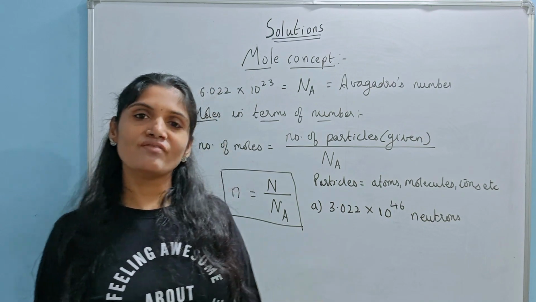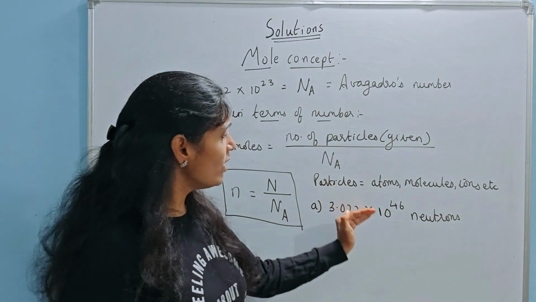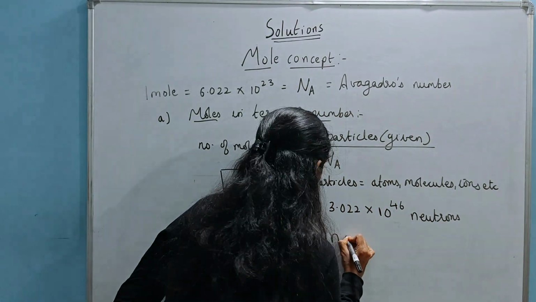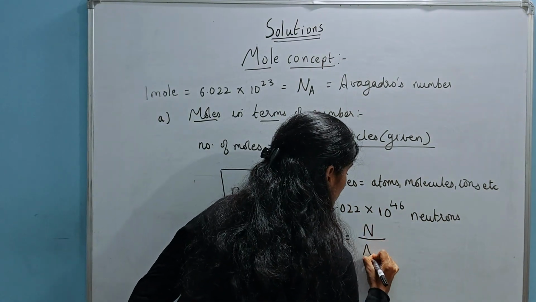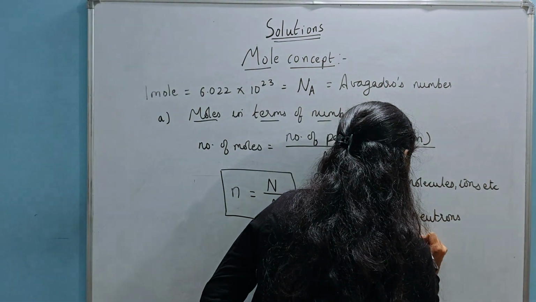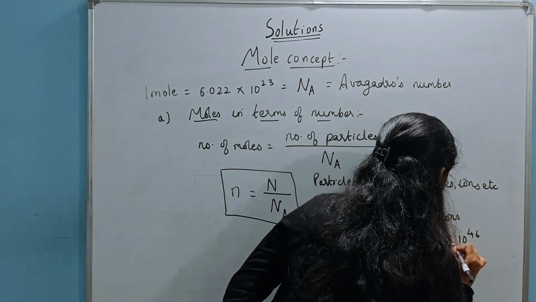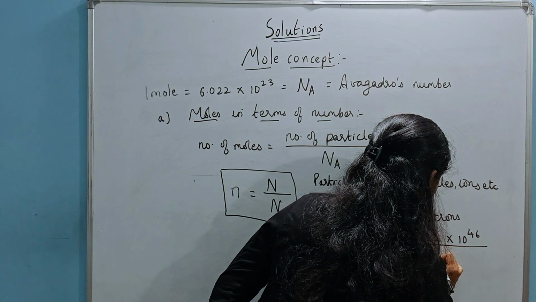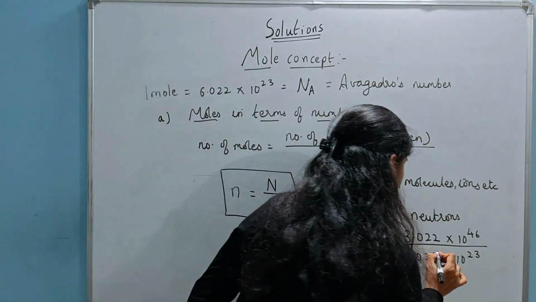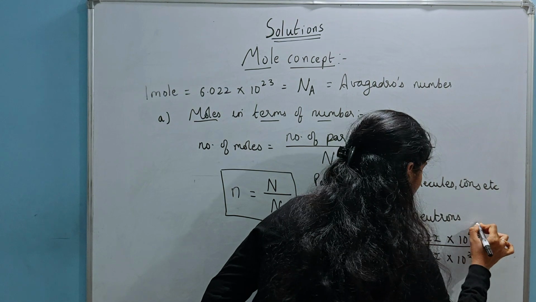By dividing it with the reference number. What is the reference number? You know, it is your Avogadro's number. So how will I convert this number of particles into number of moles? Number of moles is equal to the given number of particles divided by Avogadro's number, which is equal to 6.022 into 10 to the power of 46 divided by 6.022 into 10 to the power of 23. If you do the division here, 1 time, 2 times, so this goes 2 times.